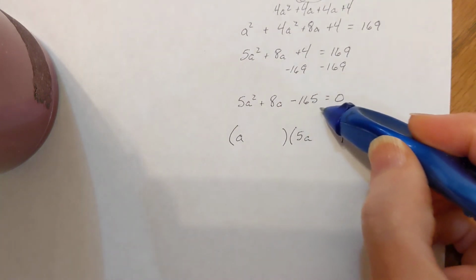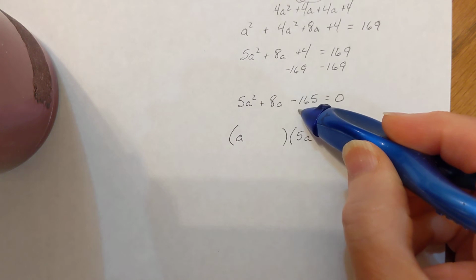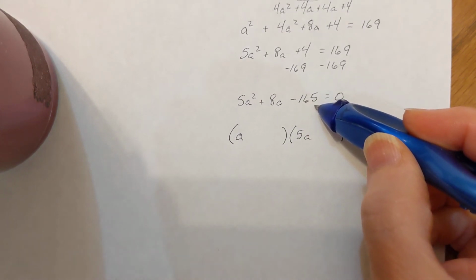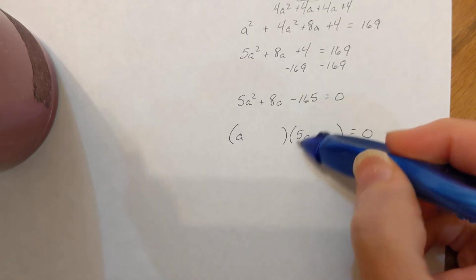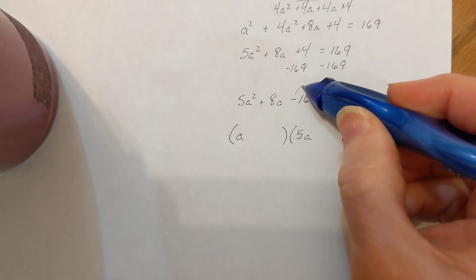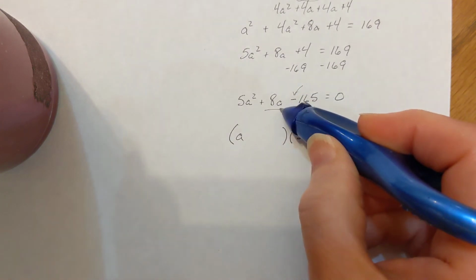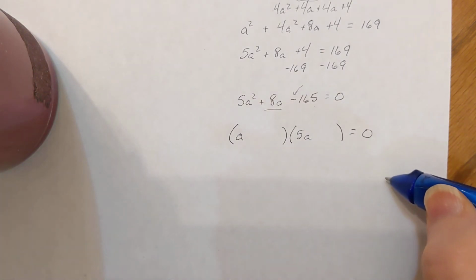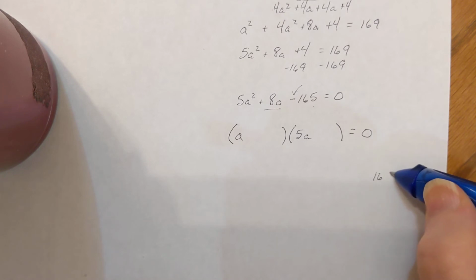Now I need to figure out what multiplies to 165, and one of those terms is going to multiply by 5, and the difference, because this is negative, has to be 8. That sounds pretty daunting, actually, but it's not as bad as it sounds. If you do a lot of factoring, it won't be so bad.